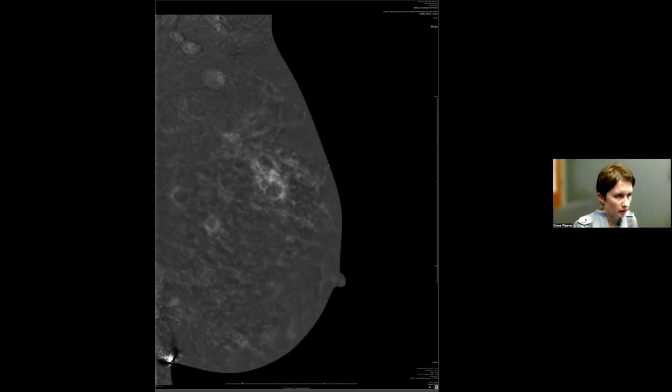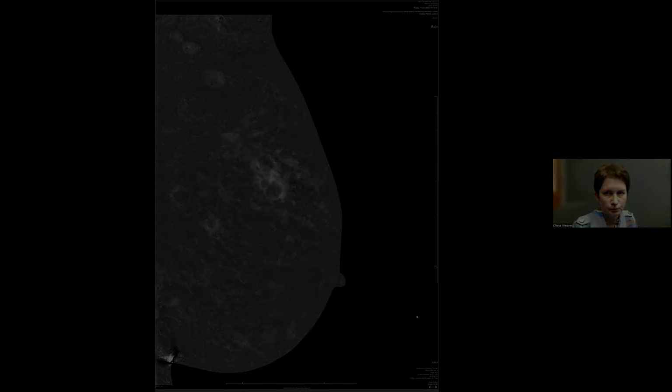The same in here, this is left upper outer fibrocystic changes with a little bit of inflammatory enhancement around it. And again, the bilaterality of it and the fact that the cysts decreased in size made us comfortable. And we did an ultrasound and also confirmed that these were just cysts.